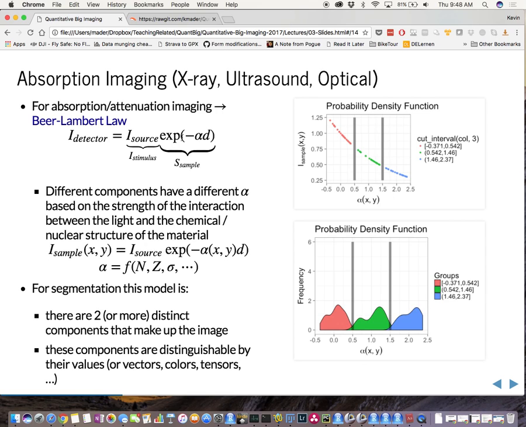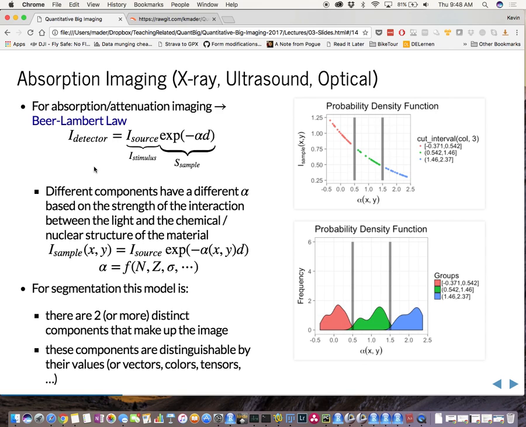This is obviously a simplification because it assumes you have one constant alpha for a thickness. In reality it's more of an integral, because you're going through a sample and integrating along all the points on a line. And there's obviously wavelength dependence and other things that come in, but that's the basic idea.